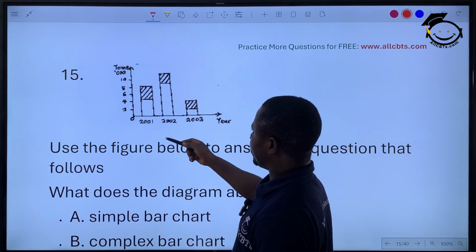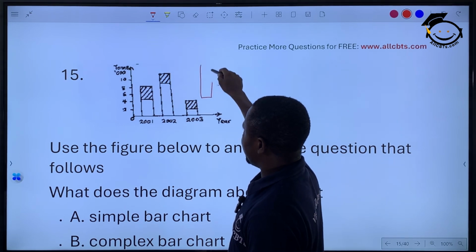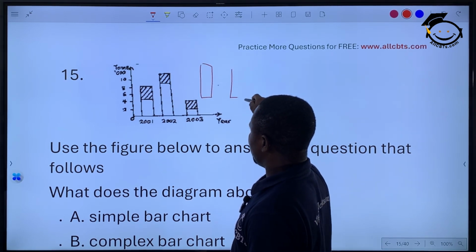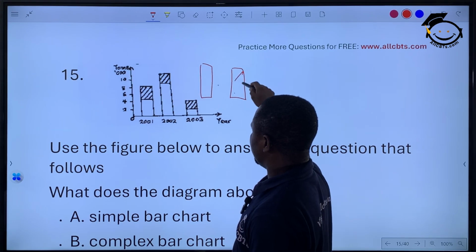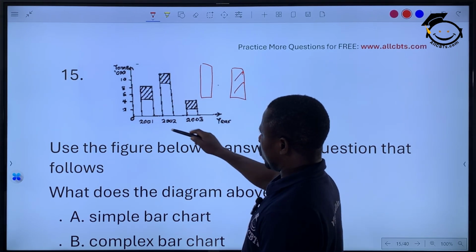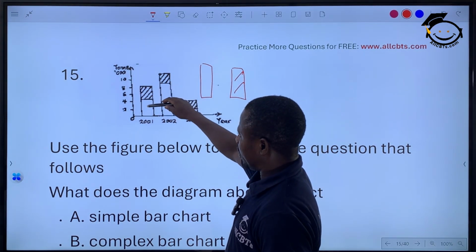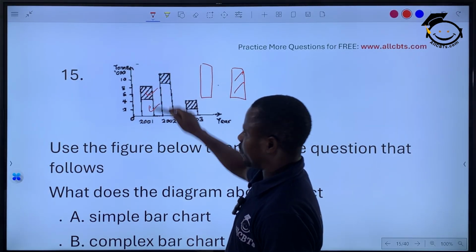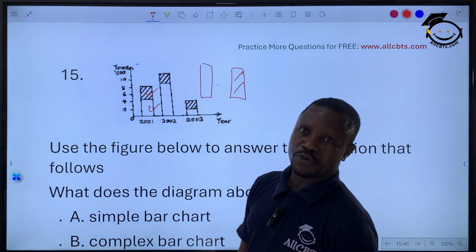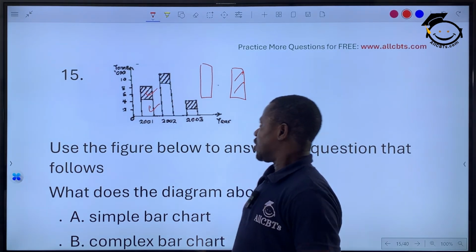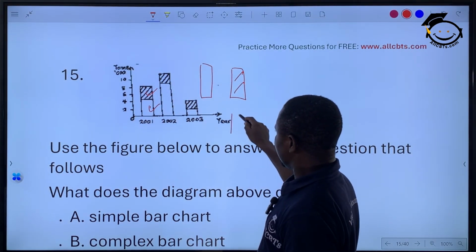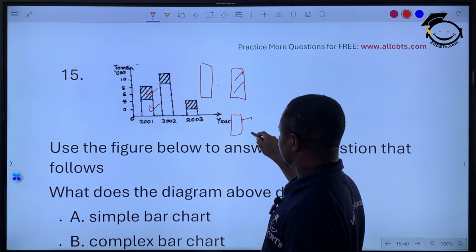What's a simple bar chart? A simple bar chart means every bar carries one separate information. So this one carries one information, but now we have 2 bars. This one carries one information, this one carries another information. So that's what we call component bar charts. If it's complex, they will join themselves together like this.